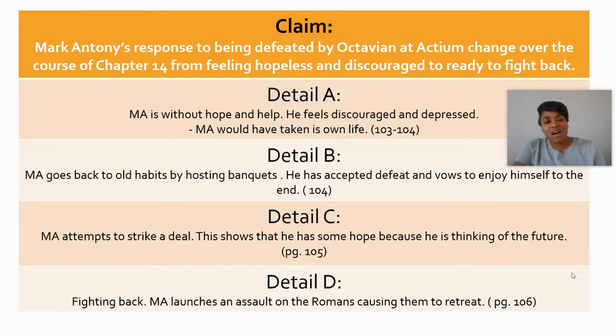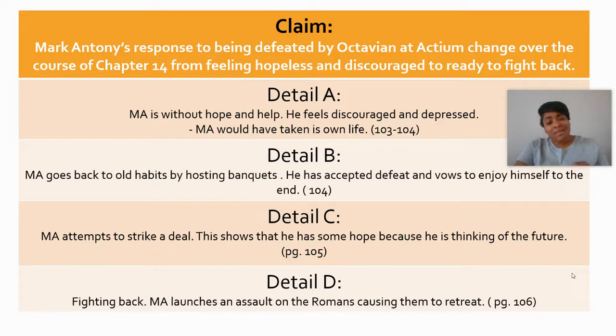So, scholars, on your paper, you should have your claim written out. You should have 4 details. Detail A shows a hopeless Mark Antony, a depressed and discouraged Mark Antony. Detail B shows a Mark Antony that has accepted his defeat and feels that maybe life for him is about to end. He starts hosting banquets and parties. In detail C, we see a Mark Antony that tries to strike a deal.